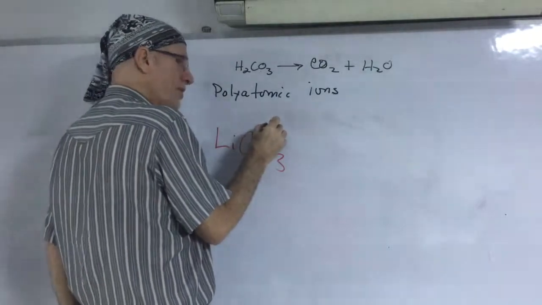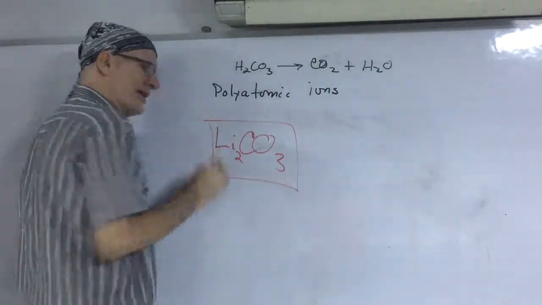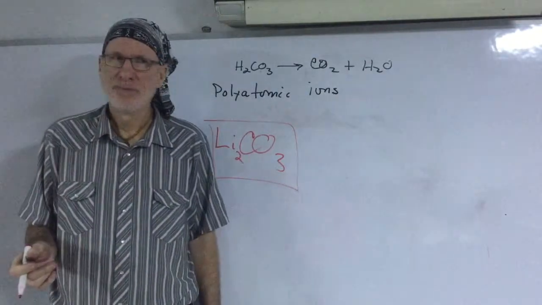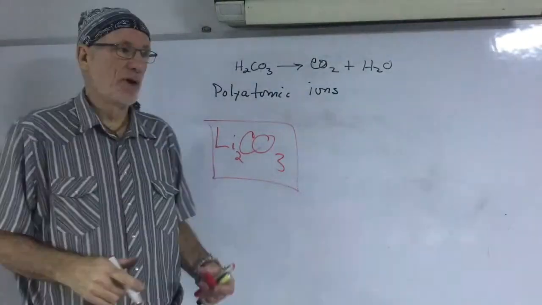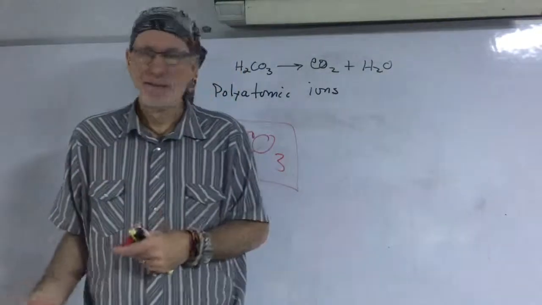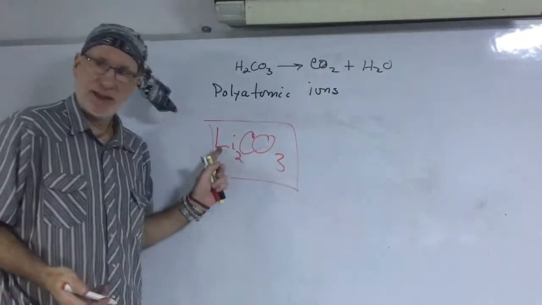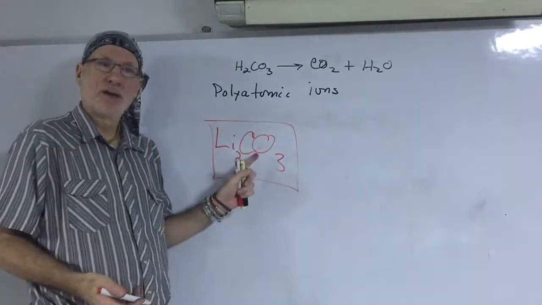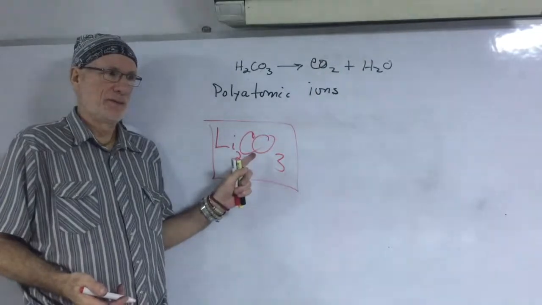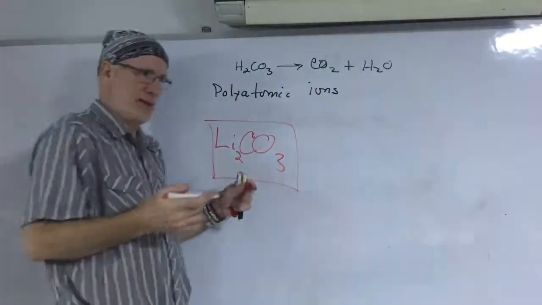No, this was plus 2, remember? Now, what's the name? In other words, you don't modify the polyatomic ion with anything. No prefix, no suffix, just the name of the polyatomic ion. So the name of this is lithium carbonate. Easy?